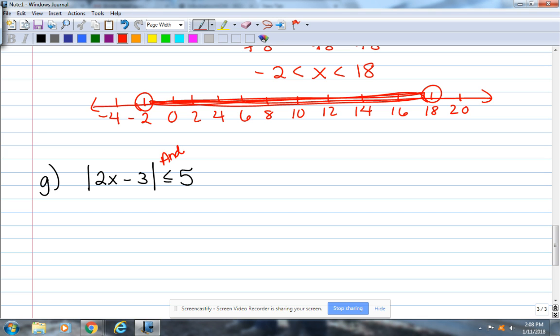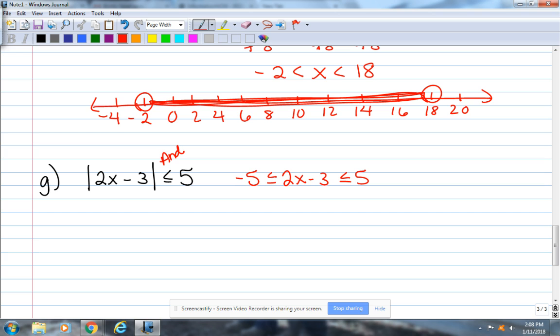So, y'all remember, what did we do last time? What do we take that number on the outside and what do we put on the far left? Negative, right? -5. And we copy that symbol. Less than or equal to 2x minus 3. Less than or equal to +5.